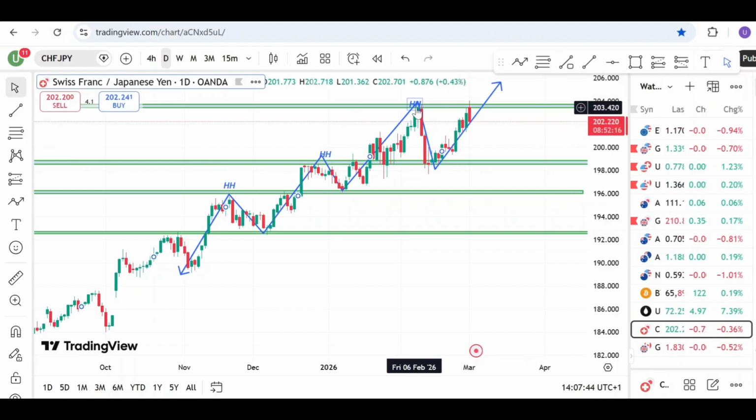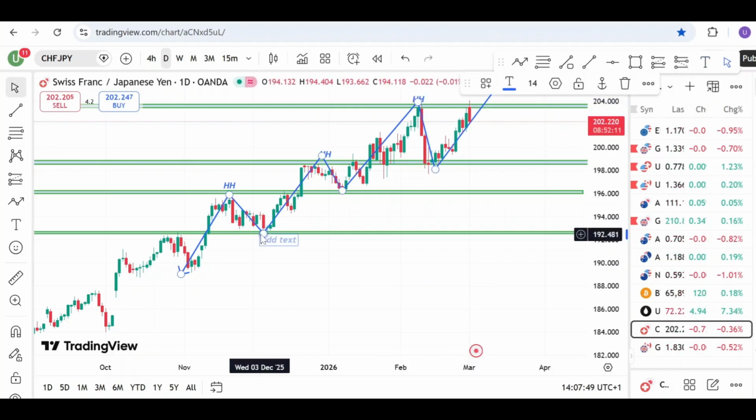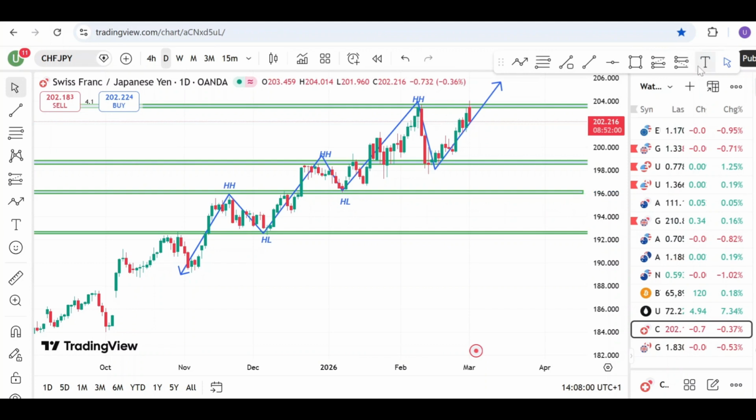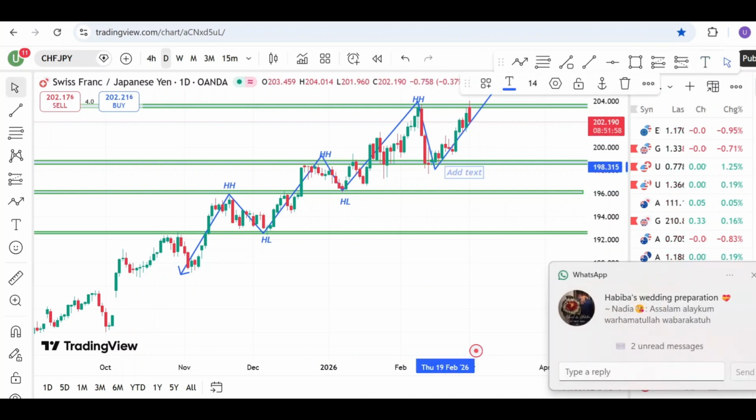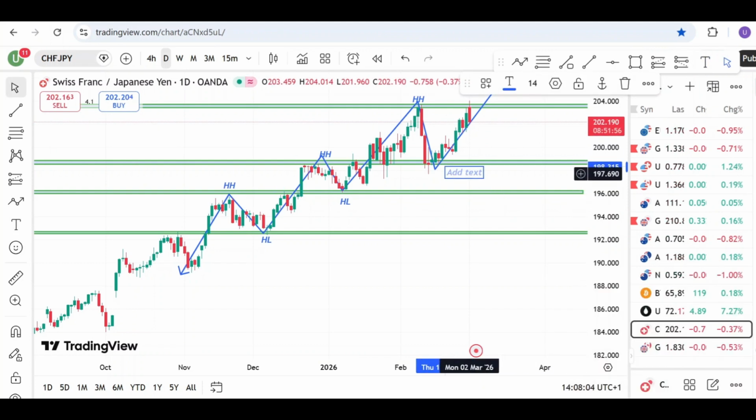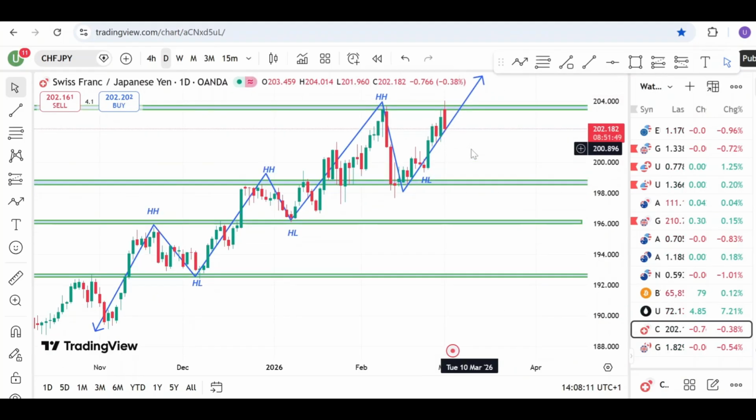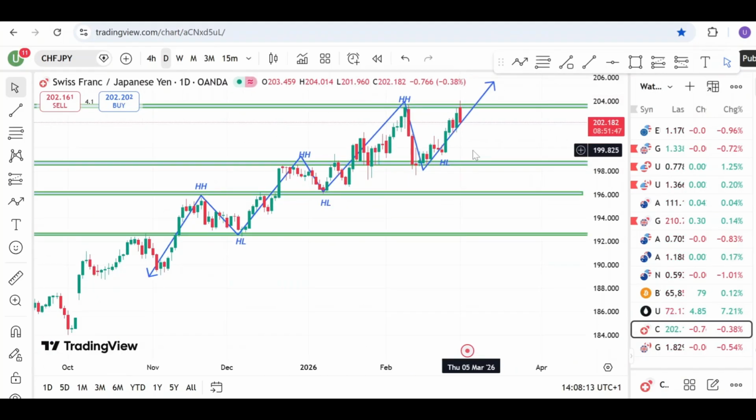Okay, this is a higher low, this is a higher low, okay, this is a higher low. Okay, as you see, the market is in a very beautiful uptrend.